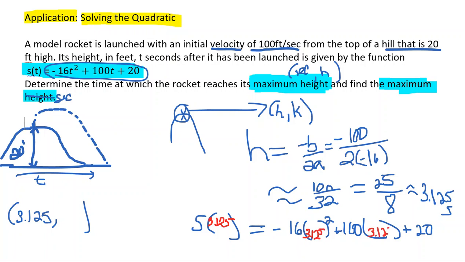All right, so now let's figure this out. So I know that we have 3.125 squared, which is 9.765625, a long number. So I'm going to multiply that by the negative 16. Okay. That answer will be added to the 100 times 3.125.